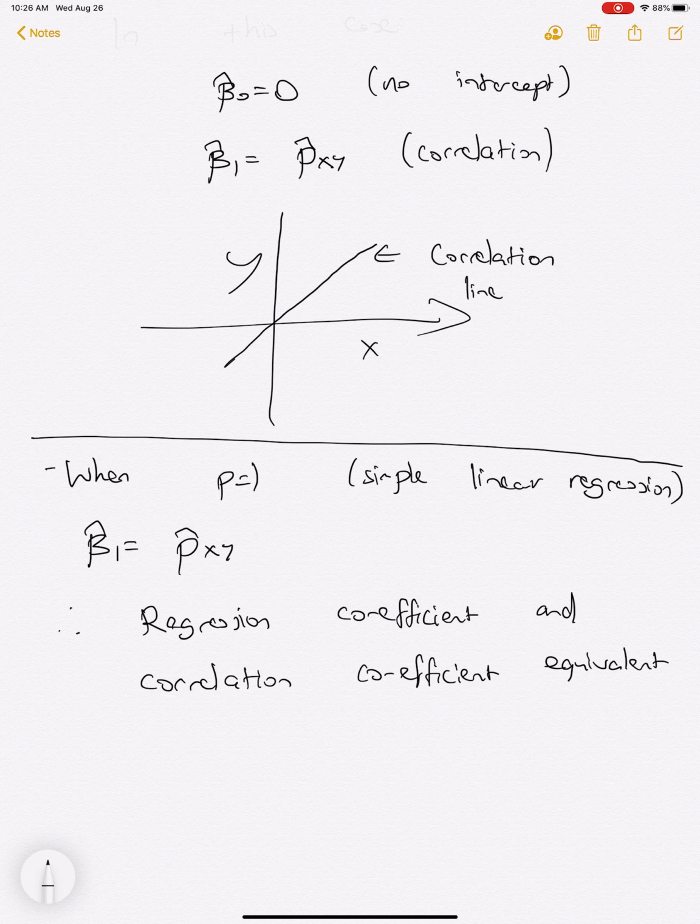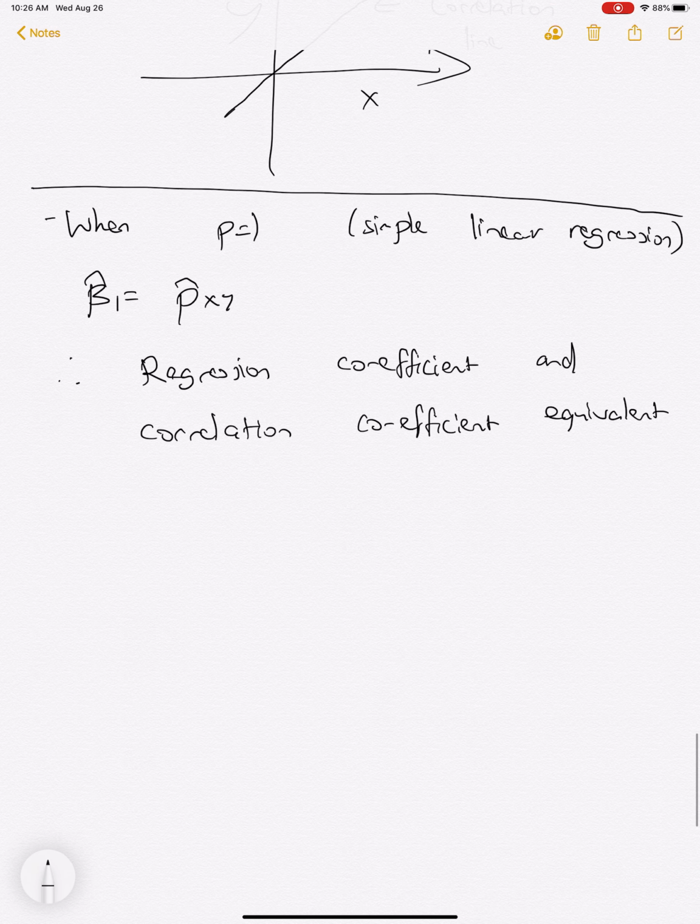This is pretty cool and interesting, and some of you may already be very familiar with this result. So you can think about the regression coefficient as basically being a measure of correlation. We'll actually see what happens in the multivariate case in today's lecture. Okay.